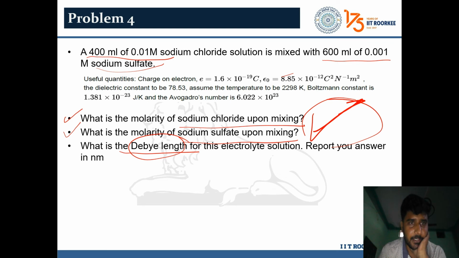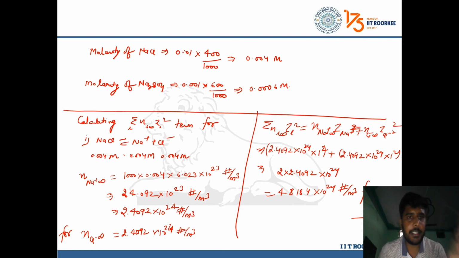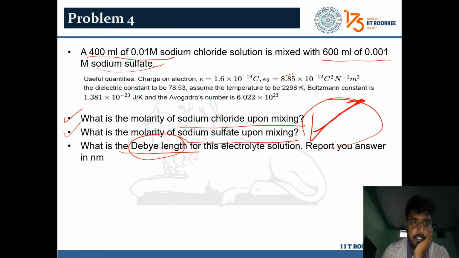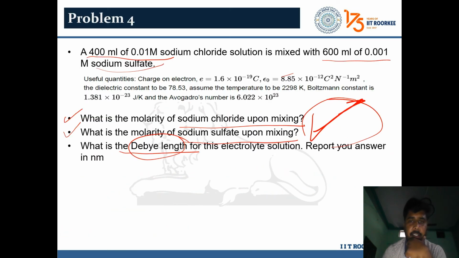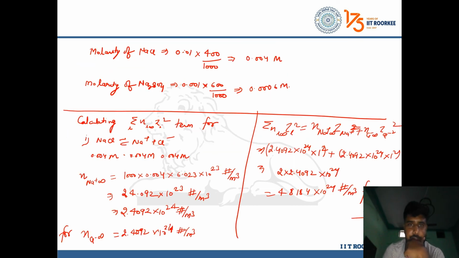Let's say you are having the concentration of 0.01 molar sodium chloride. So molarity of NaCl will be 0.01 into its volume, that is 400 ml, divided by total volume, that is 600 plus 400, that will be 1000. So this will be the final concentration of NaCl.